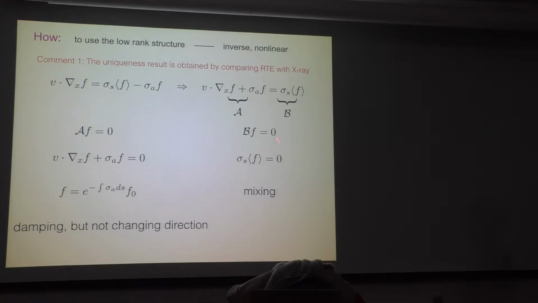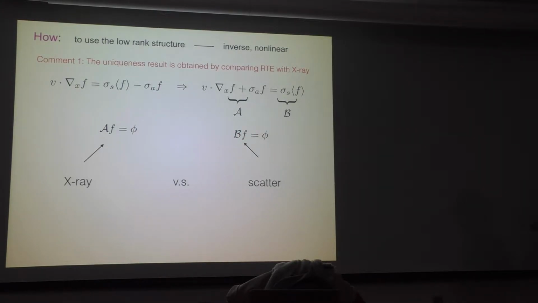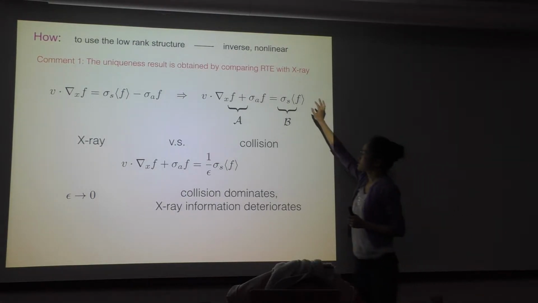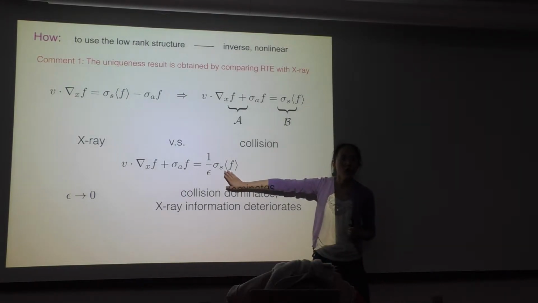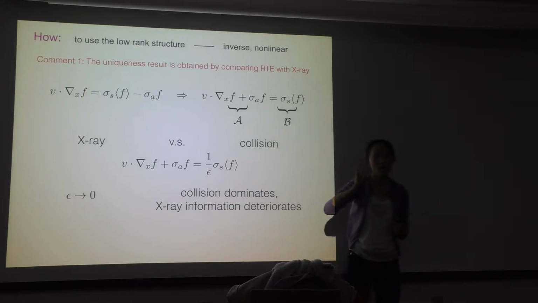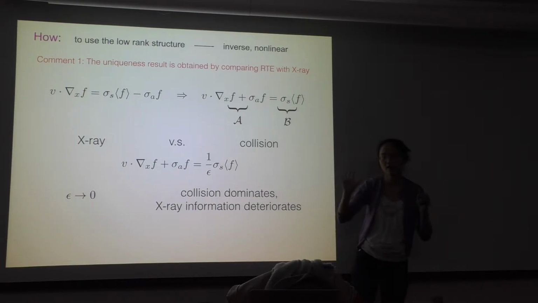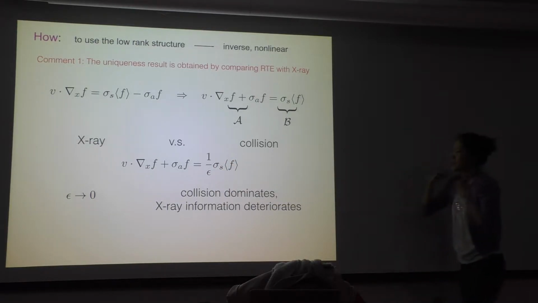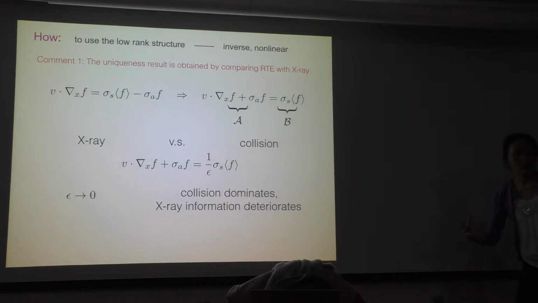So if you can separate these two terms, then you're basically separating what we call the X-ray, and this includes X-ray with multi-scattering. Nevertheless, the first term is the X-ray, and the second term is the scattering operator, and we can show that if your scattering is extremely strong, in the sense you're in the optically thick region, your cloud is very thick, then you're further and further away from X-ray.